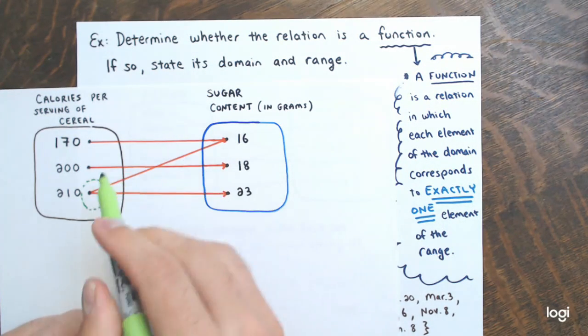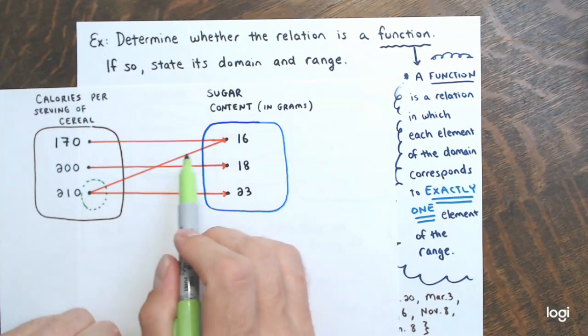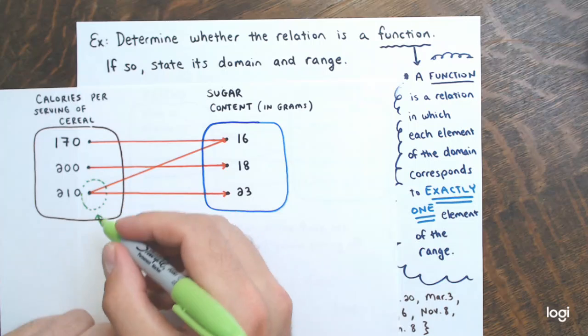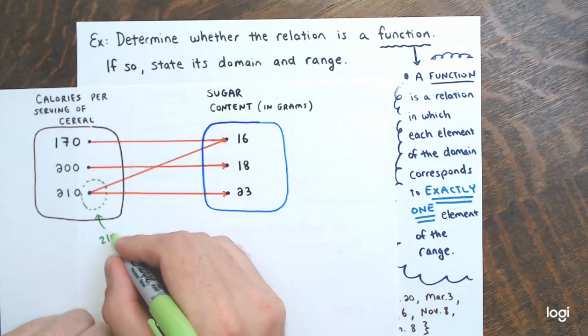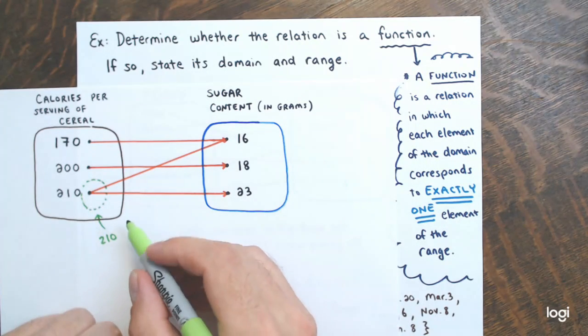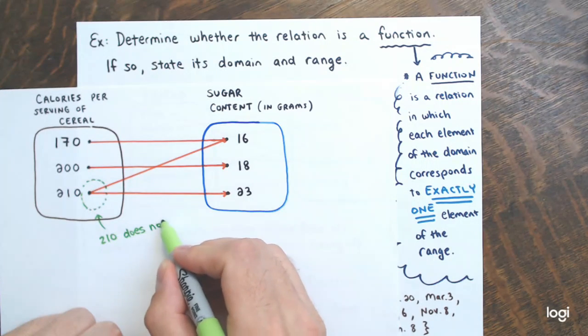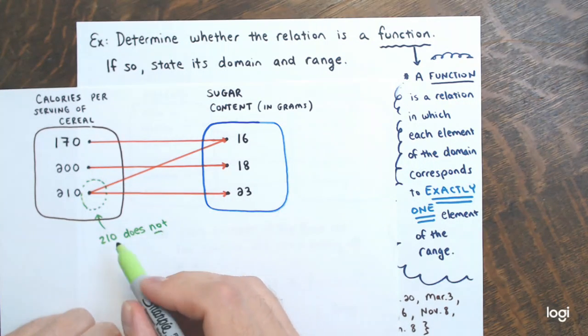Right here, you see how this 210 has two arrows coming off. So, 210 in the domain does not correspond with exactly one element in the range.